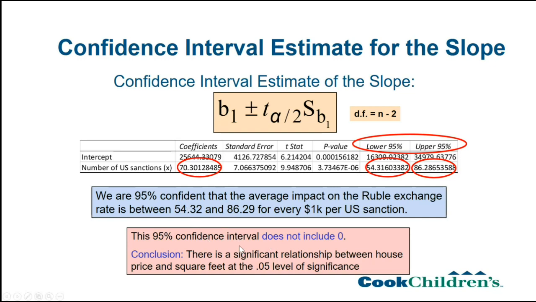So this 95% confidence interval does not include zero. So there's a significant relationship between, sorry, this is a typo here, between the price of the ruble and the number of US sanctions at the 0.05 level of significance.